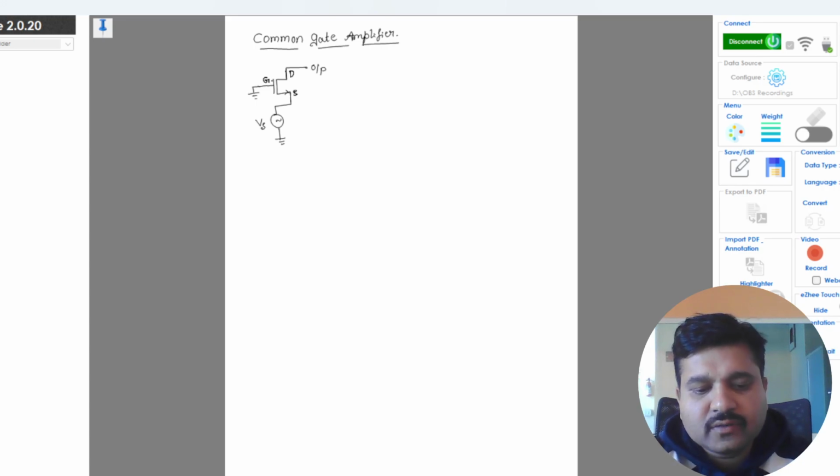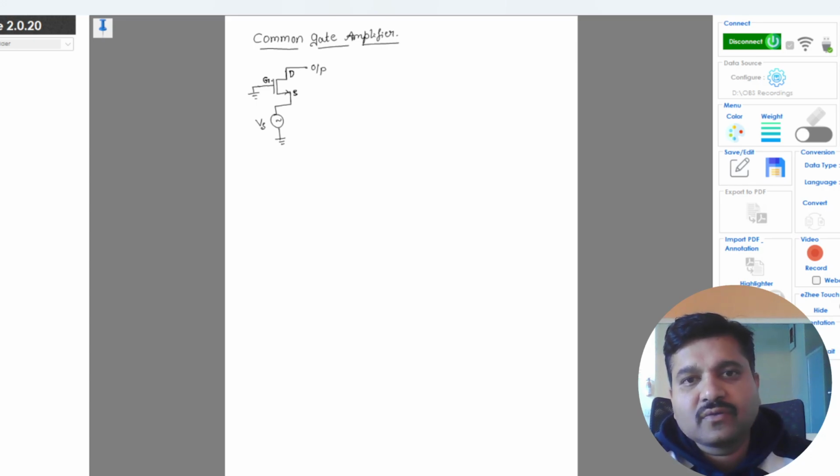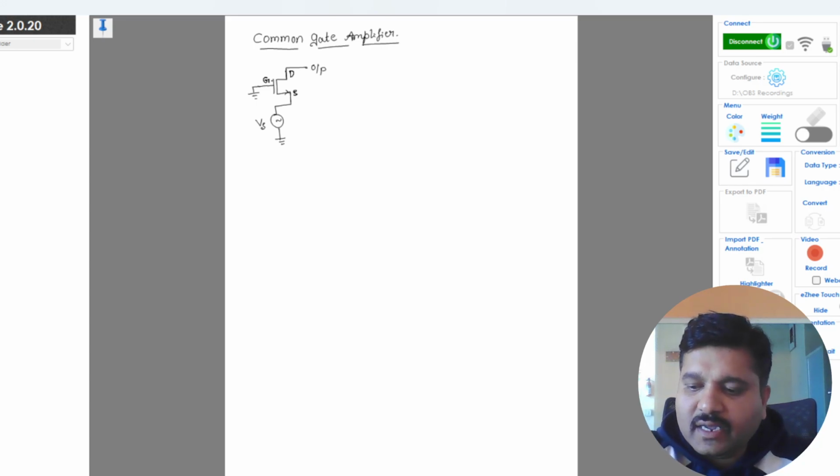The input impedance of this common gate amplifier is very low. In general, the input impedance of an amplifier will be very high, but for this common gate amplifier the input impedance is very low. So this type of amplifier is used in low frequency applications, like in the case of transmission lines or an antenna, when you are receiving from the antenna and giving it to the amplifier.